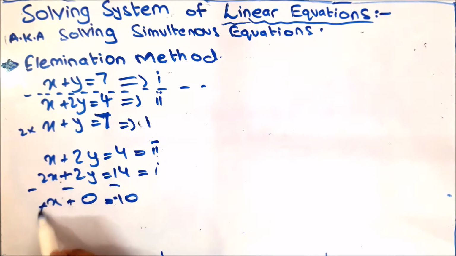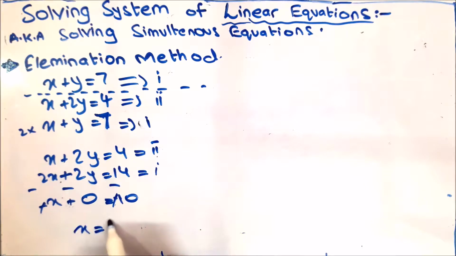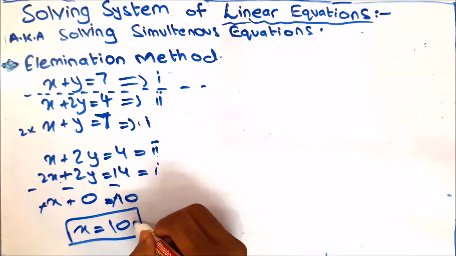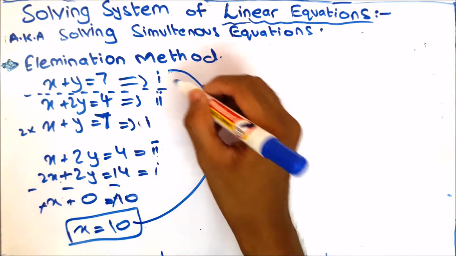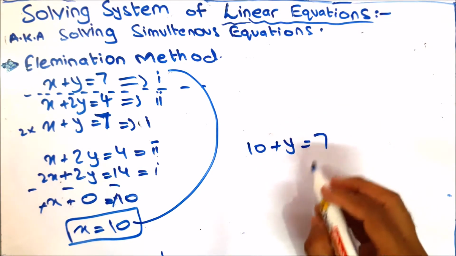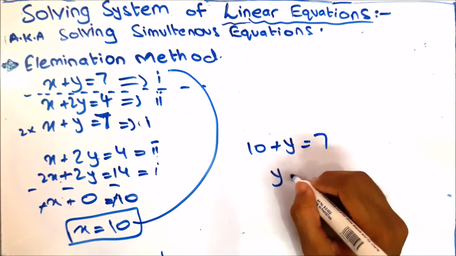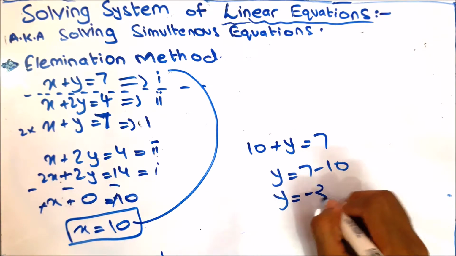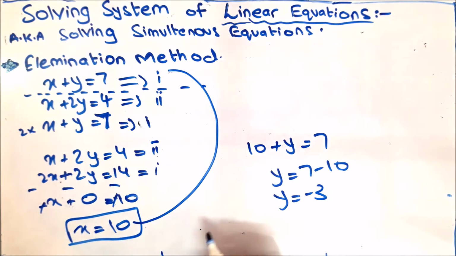So the minus signs cancel out, and x is equal to 10. We get x is equal to 10, and when we put this back into this equation, it becomes 10 plus y is equal to 7. We subtract 10 on both sides, we get y is equal to 7 minus 10, so y is equal to minus 3. Here we get our answer again.